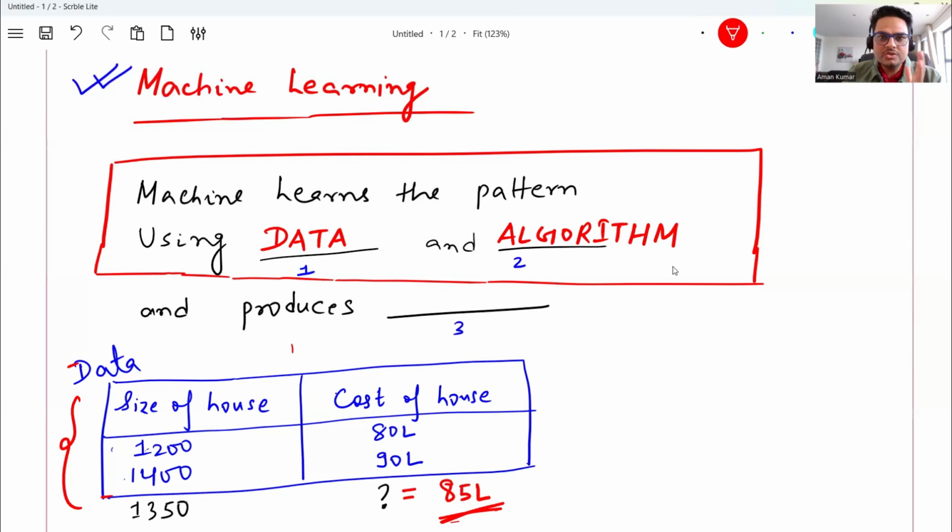Okay. So when machine has learned the pattern using data and algorithm, it produces something known as model. And you can go and ask your questions to this model. You can say, hey model, 1350 is my size of the house, what will be the price.